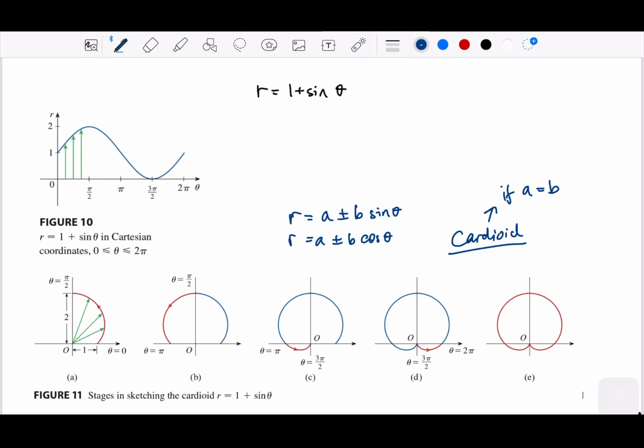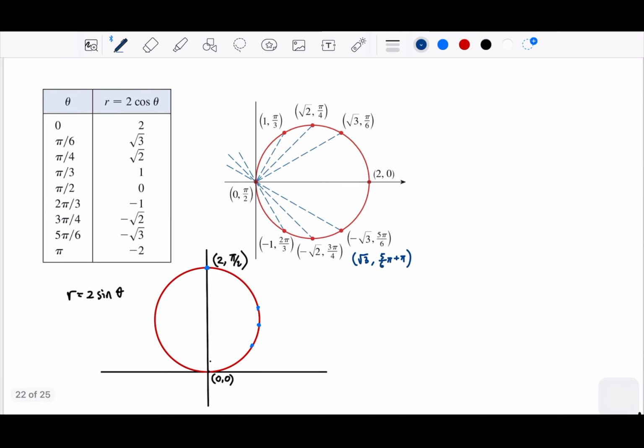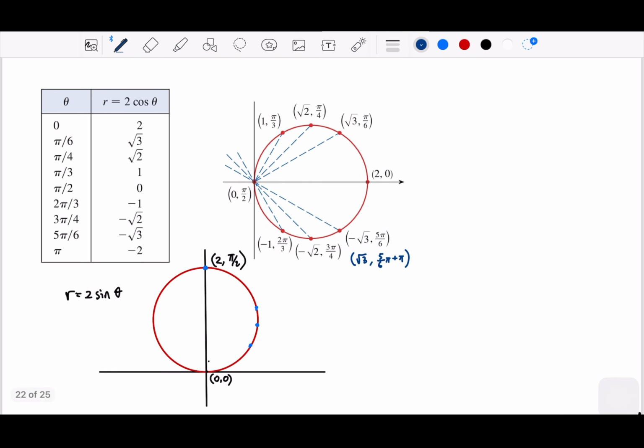What happens if I take 1 minus sine? What will happen to the curve? Maybe let's go back here. This is cosine, this is sine, both positive. If negative, the cosine becomes here, the sine becomes here. Okay? So let me make just a quick note.